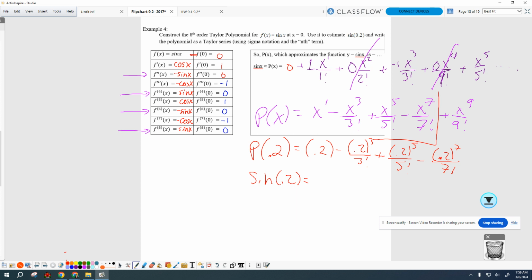Factorial on your calculator is under the math key, arrow over to PRB for probability.